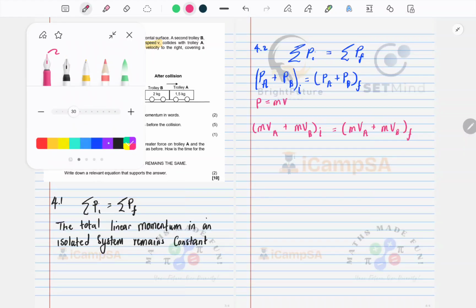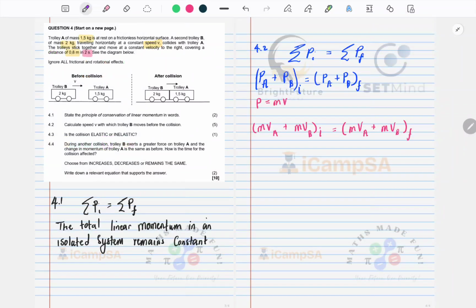So how do we then calculate this? We come here because we already have our data. Remember, let's start with trolley A. Trolley A has 1.5 kg of mass, and it's moving at what speed, right? Then the 2 kg is the one that has this unknown speed here, right?